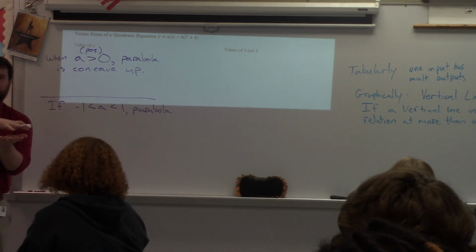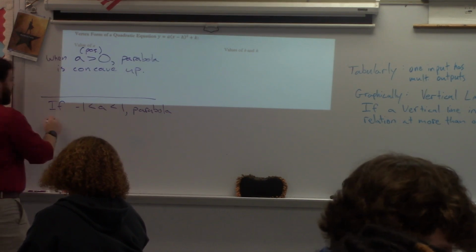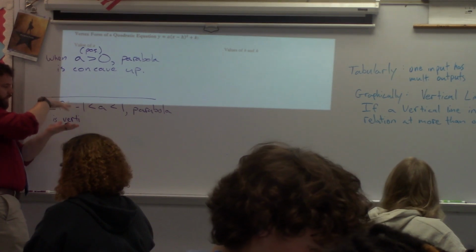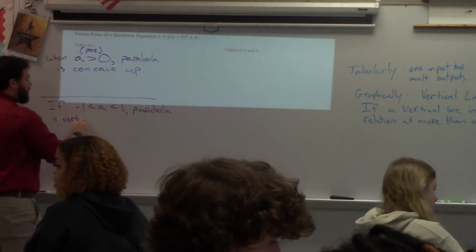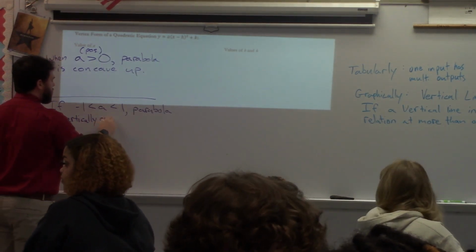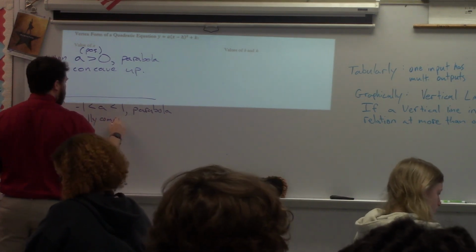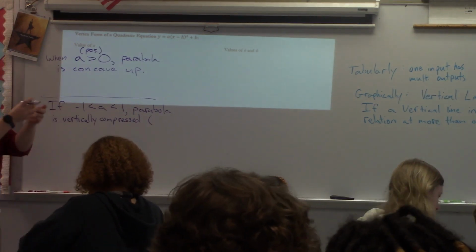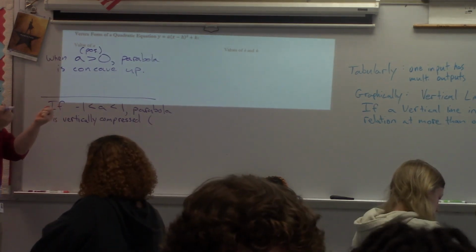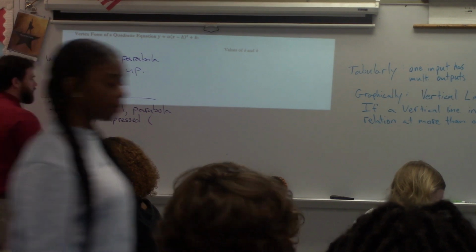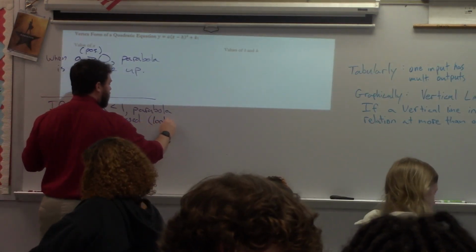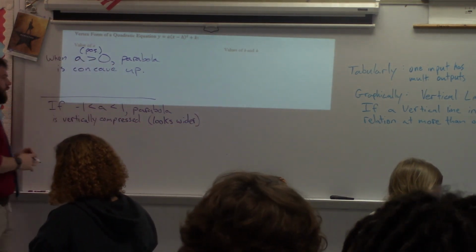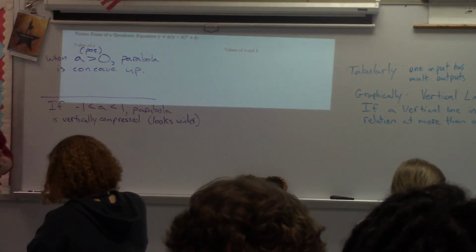It's being compressed. The parabola is vertically compressed, and I will add this note in. This is what Jamarcus is saying. It looks wider, so it's vertically compressed, which is why it looks wider. And so notice that's just if A is close to 0.